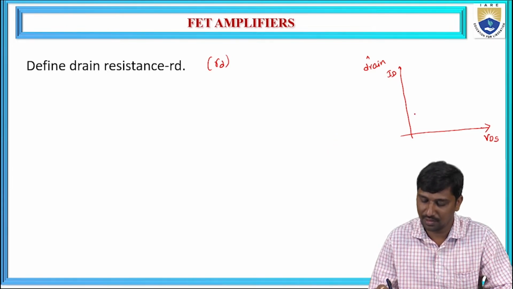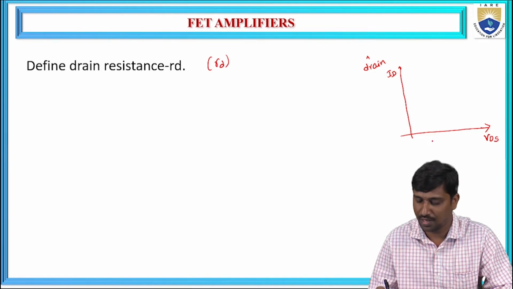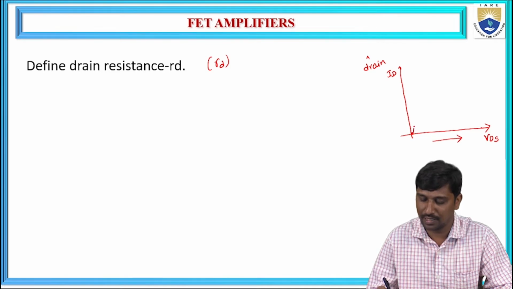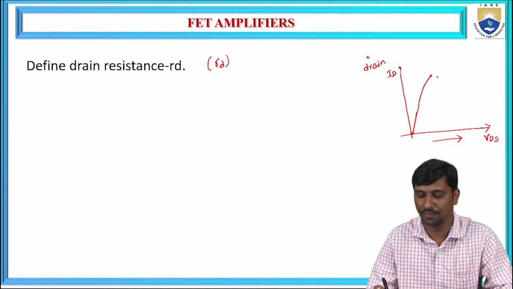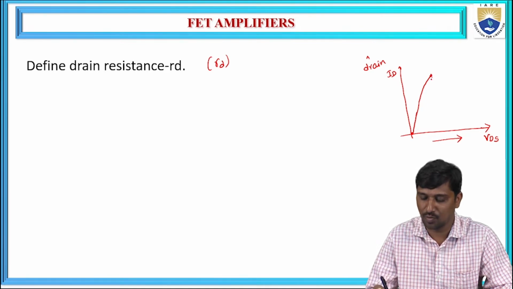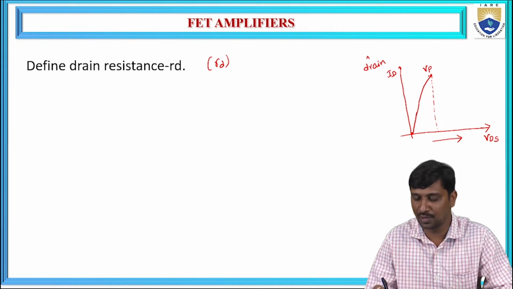Let us assume that VGS is 0 and VDS is increased from 0. Then the drain current increases linearly towards a maximum, up to a voltage called the pinch-off voltage.